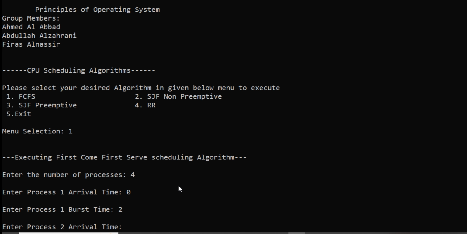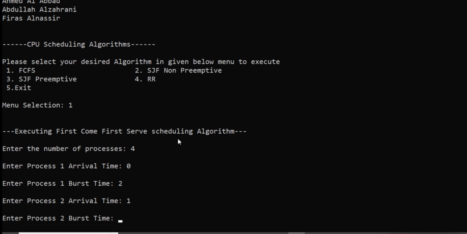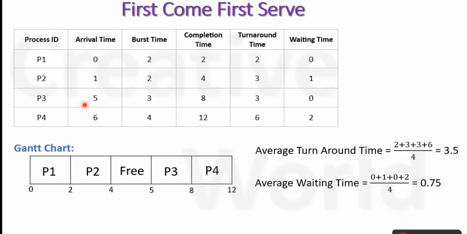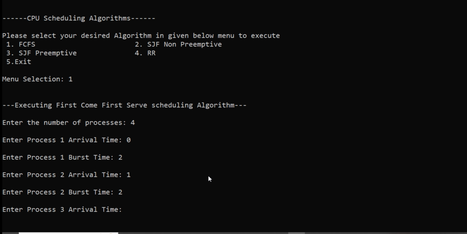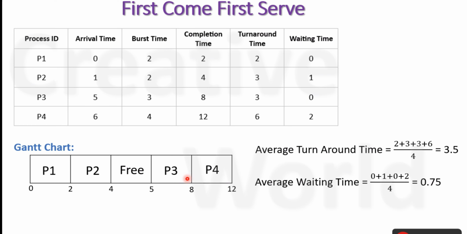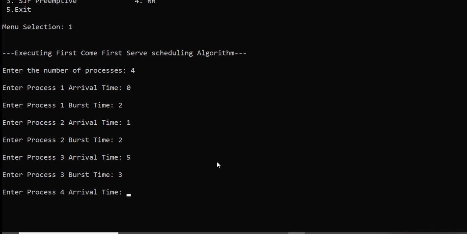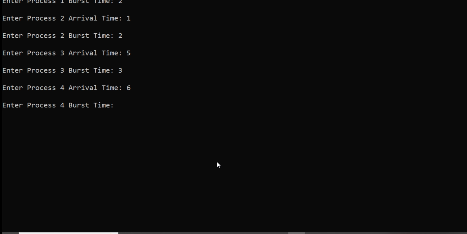The third process arrived on 5 and its burst time is 3. And the last process arrival time is 6 while its burst time is 4.